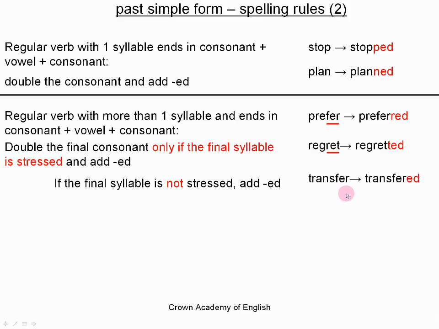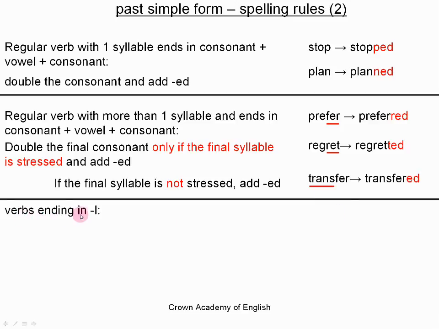So, for example, transfer. Transfer, we stress the first syllable. So we do not stress the final syllable, and so we just add ed. We do not double the consonant.